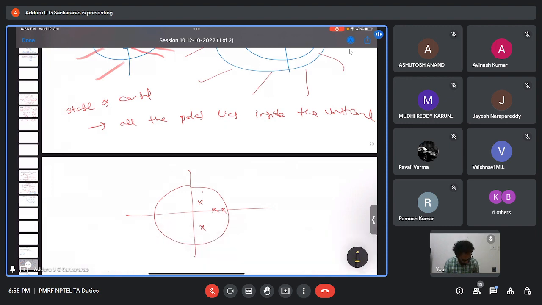So this is the outermost pole, and outside of the outermost pole is this region. Now the ROC is outside the outermost pole, and also the ROC includes the unit circle. That is possible only when all the poles lie inside the unit circle.